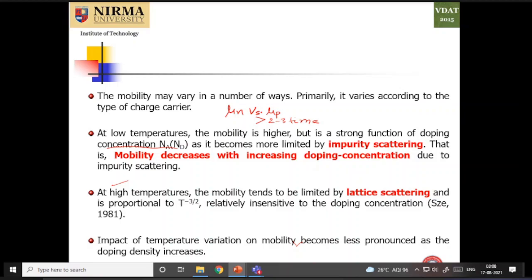At low temperatures, the mobility is higher, but is a strong function of doping concentration, Na or Nd. Na in case of the substrate of NMOSFET, and Nd for the case of the substrate or well of PMOSFET, N well of PMOSFET.